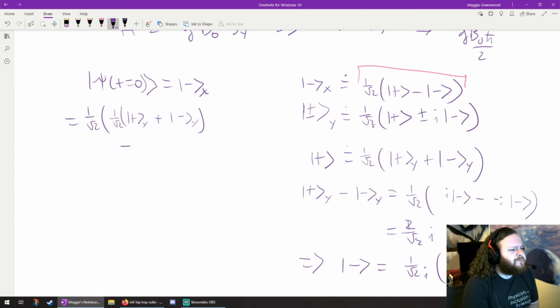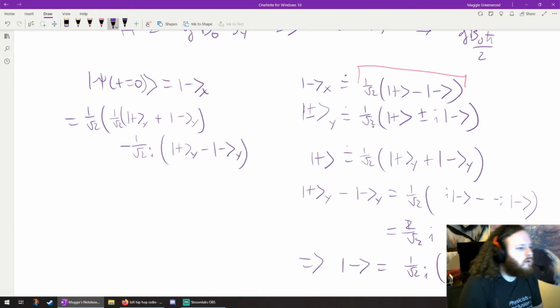So now the minus z ket was 1 over root 2i times plus y minus minus y. And I know this is actually going to turn out to be something not totally horrible, but it's close enough.